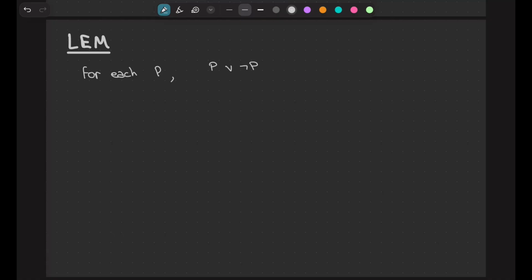So the interpretation we have of this disjunction is as follows. If I claim that I know this disjunction, I know if it's a left something or if it's a right something. And if it's a left something, it means I have a proof of that. And if it's a right something, it means I have a proof of this. So with this interpretation, it doesn't make sense to expect this to be valid, because pick your favorite open problem and I'm sure that you don't have a proof either of the left thing or of the right thing.